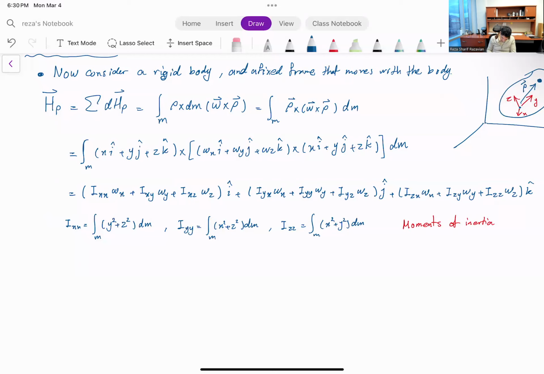The other terms are these Ixy, Ixz, and so on. As it turns out, Ixy is the same as Iyx, and that is the negative of the integral of xy dm. Don't forget about the negative.